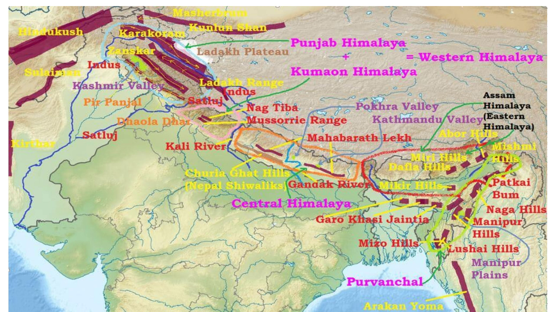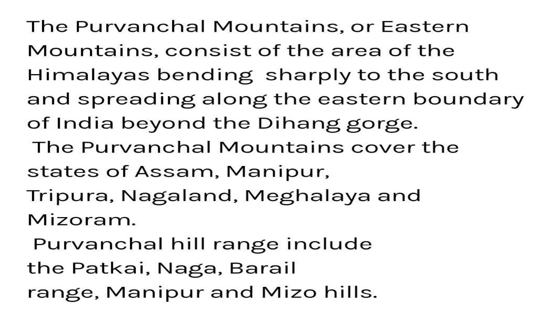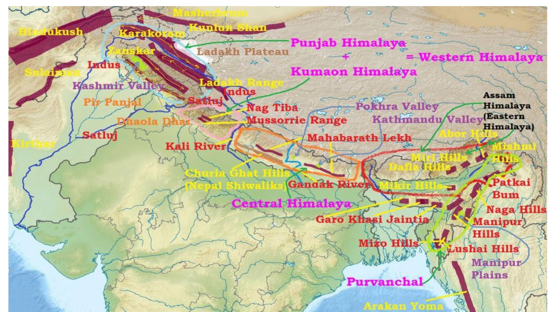Besides the longitudinal divisions, the Himalayas have been divided on the basis of regions from west to east. These divisions have been demarcated by river valleys.